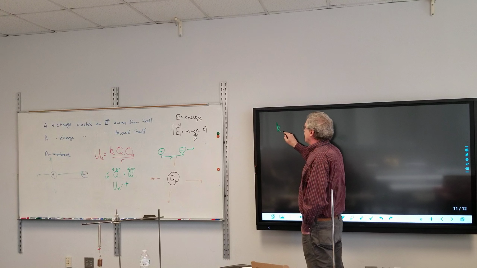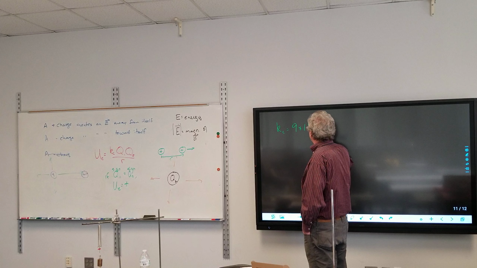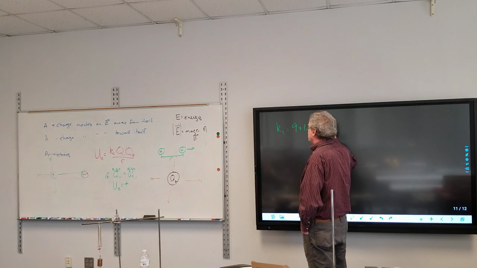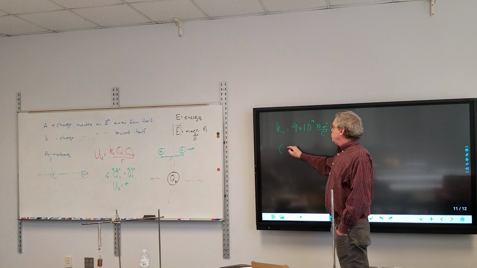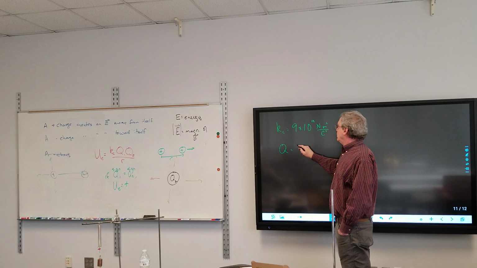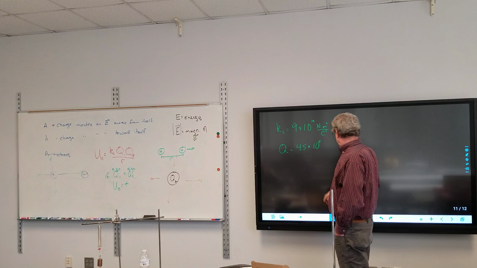Well, the electrostatic constant is 9 times 10 to the 9th newton meter squared per coulomb squared. Let's make Q1 equal to 4.5 times 10 to the, oh, that's not right.